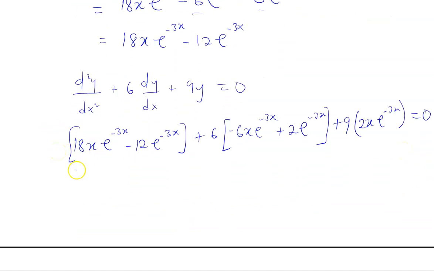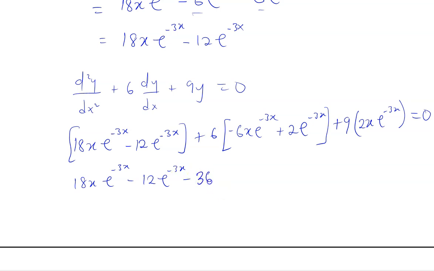0. So now let's simplify this. You are going to get 18x e^(-3x) minus 12e^(-3x), and then minus 6 times 6. Sorry, I made a mistake, 6 times 6 is 36.